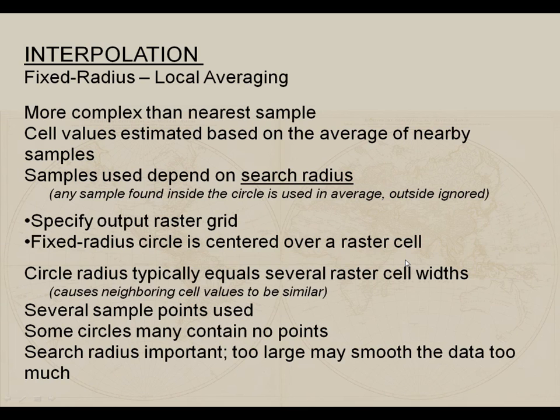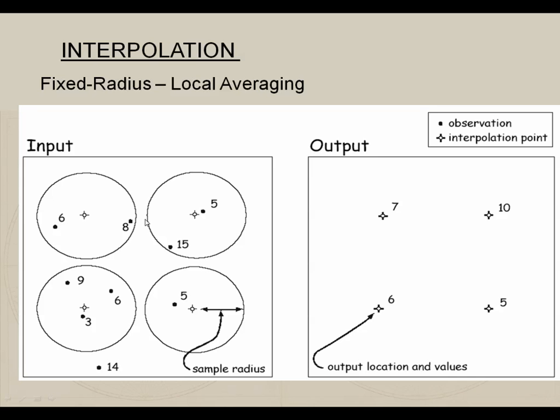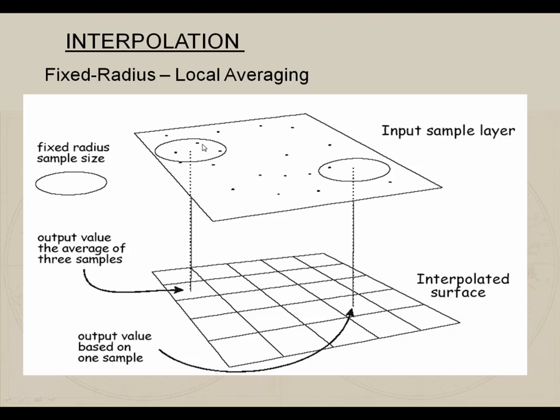Another one that's quite commonly used, easy to understand, is the fixed radius, where you're taking your particular data points, in this case 6 and 8, and you're throwing a circle of some predefined radius, and that's the key in this interpolation, the radius of the circle. You throw the radius onto your point layer, and you sum or aggregate or average, in most cases, the values inside that, and send that to the appropriate raster cell.